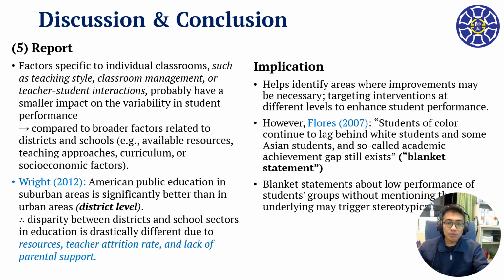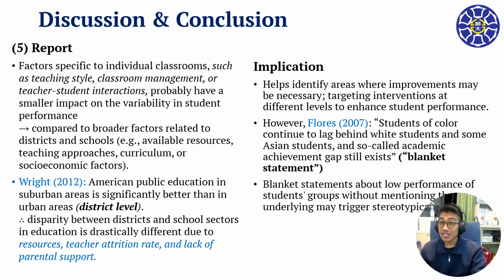The study from Wright in 2012 found American public education in suburban areas is significantly better than in urban areas. It is also among district level. So disparity between district and school sectors in education is drastically different due to resources, teacher attrition rate, and lack of parental support, according to Wright 2012.